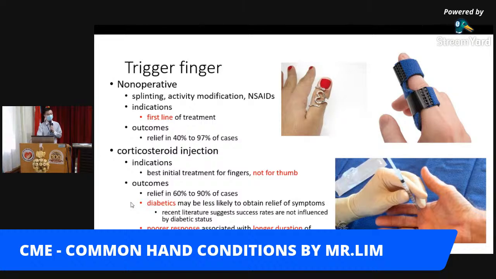And because of that, injections into the thumb at the base could be detrimental, very dangerous to the nerves and the arteries. However, if done correctly in the fingers, it could lead to very good outcome.